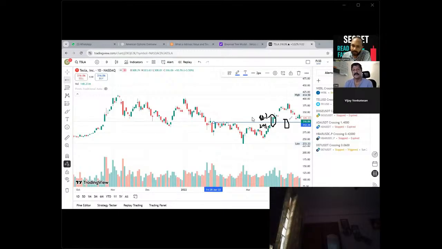If the lower part is more than 60%, don't consider it as a breakout, it may be a fake breakout. So either 50-50 or more than 50% at the top. After the resistance, the candle should have crossed at least 50%. Then only you will consider it a confirmed breakout.